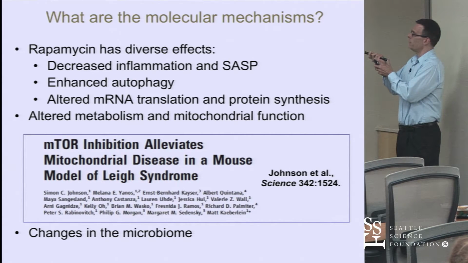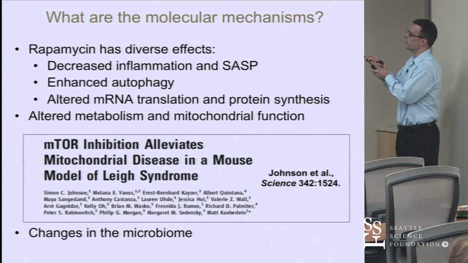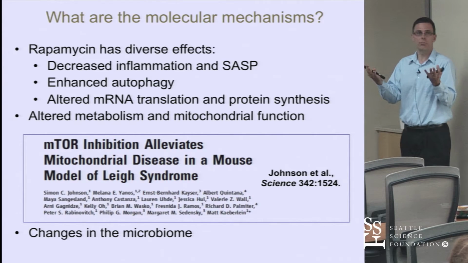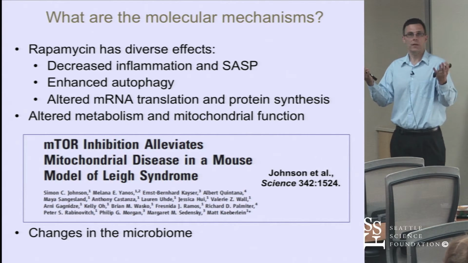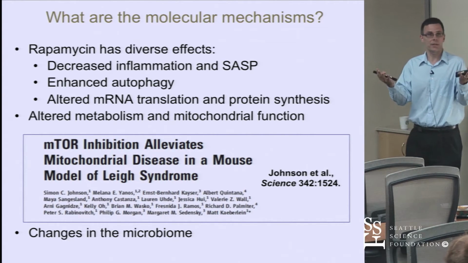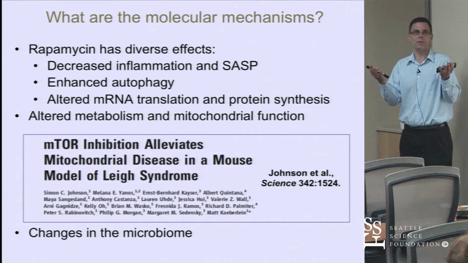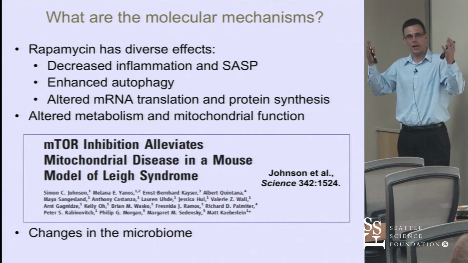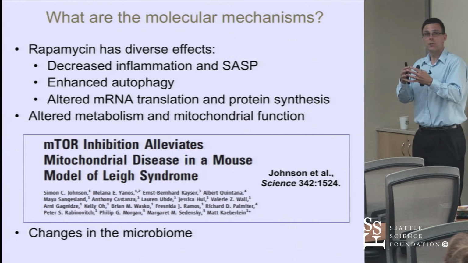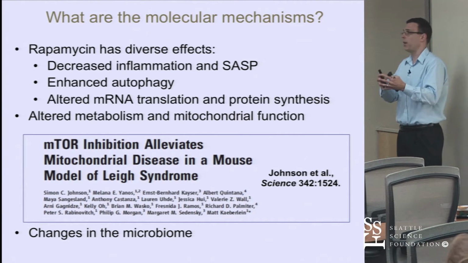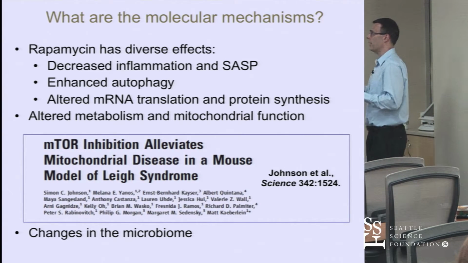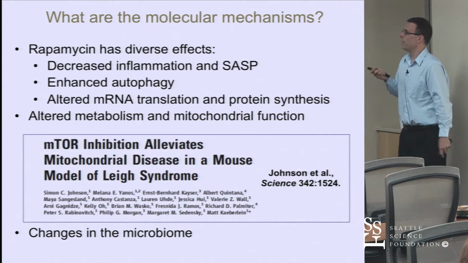And one of the things that we know contributes to age-associated inflammation is this senescence-associated secretory profile. So senescent cells secrete pro-inflammatory factors into the systemic system. And rapamycin, Judy Campisi's lab at the Buck has shown that rapamycin actually attenuates that SASP. So that could be a big part of how rapamycin is impacting aging and age-related disease.